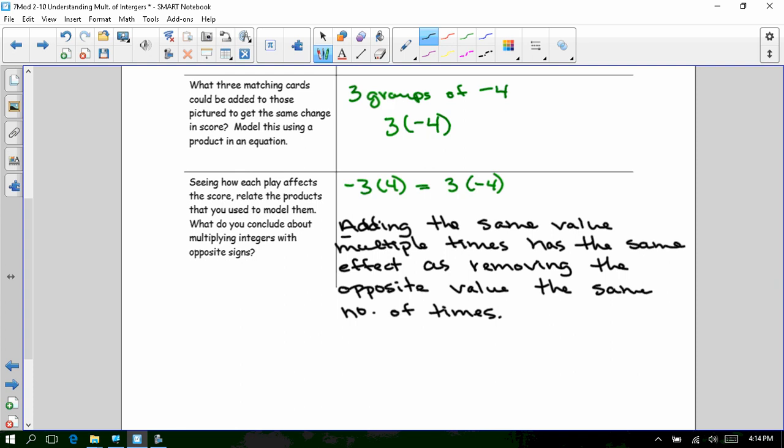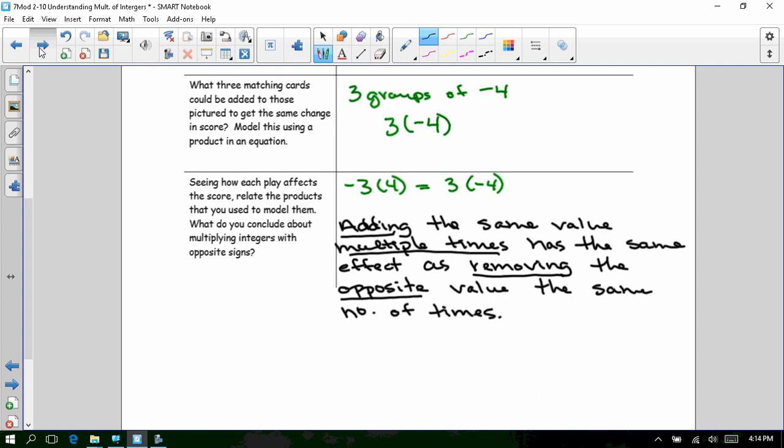Okay? Adding the same value multiple times is the same or equal to removing the opposite the same number of times. Okay? All right.